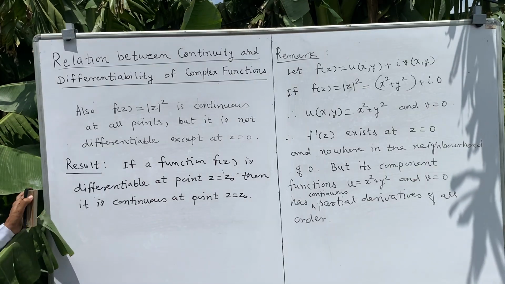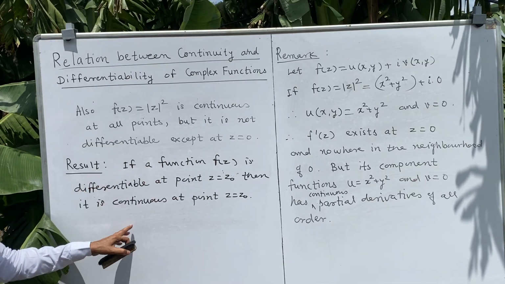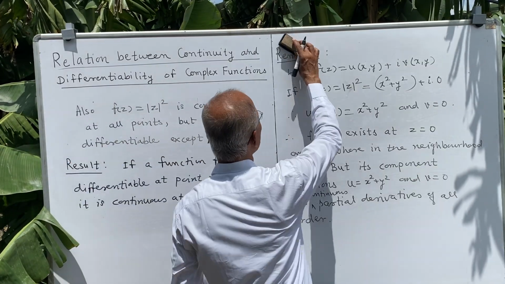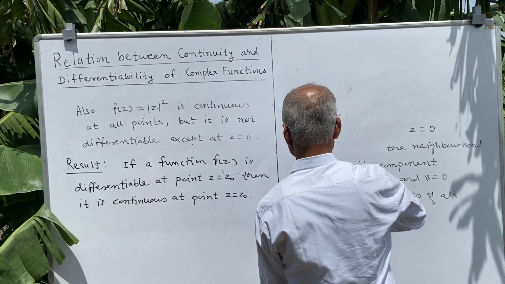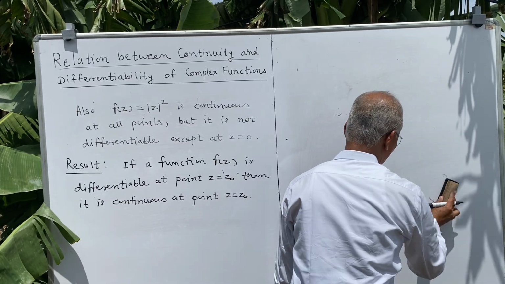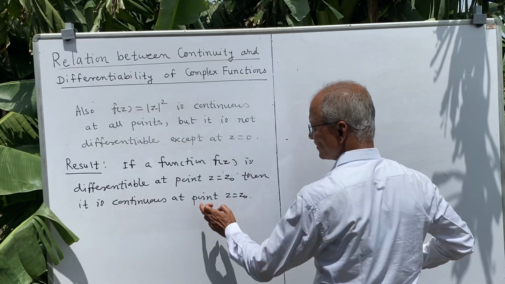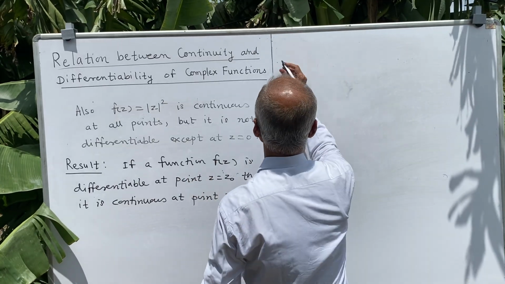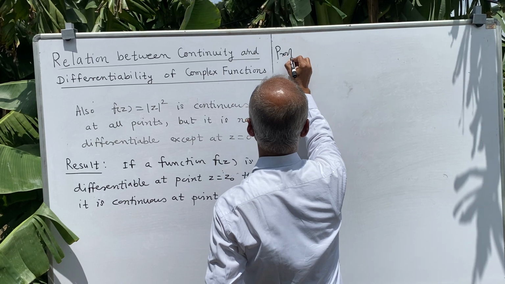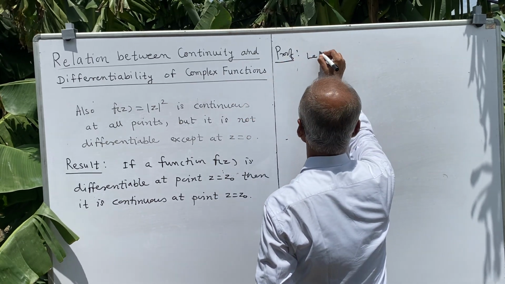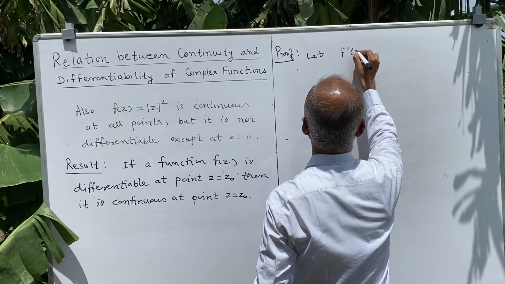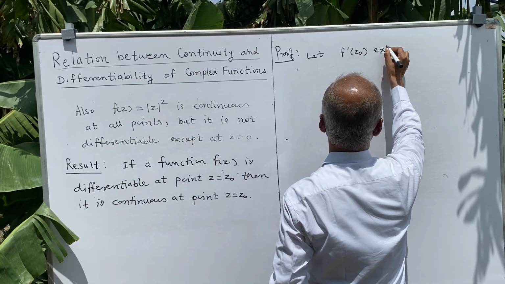That means a differentiable function implies a continuous function. That is easy to prove. Proof: let the function be differentiable at z0, so f dash of z0 exists.